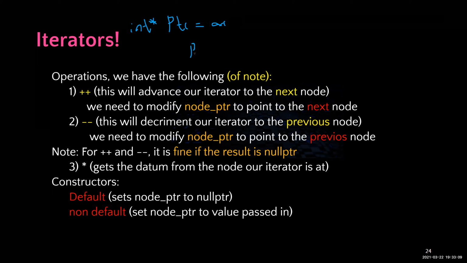And if I did ptr plus plus, if I had an array, we'll call it ARR, with values 1, 2, 3, 4, and 5 in it. If I said ptr equals ARR, right? ptr would point to this. If I did ptr plus plus, ptr would now point to 2.